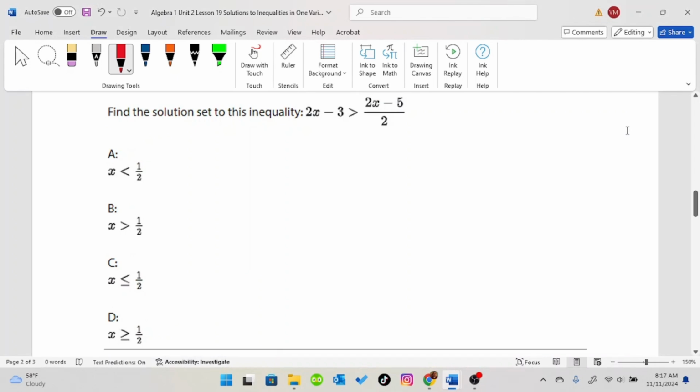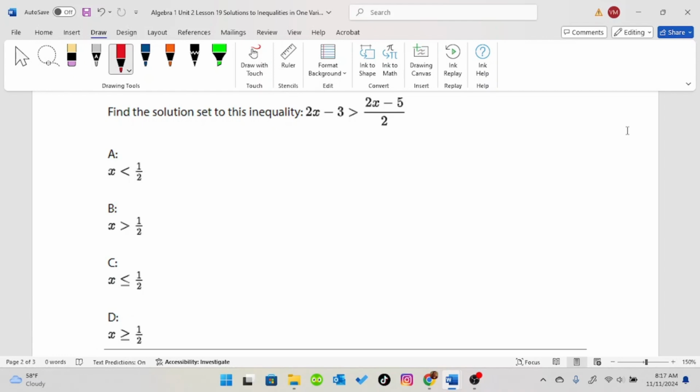Find the solution set to this inequality. 2x minus 3 is greater than 2x minus 5 divided by 2. Again, we are doing just like we did when we were solving equations.